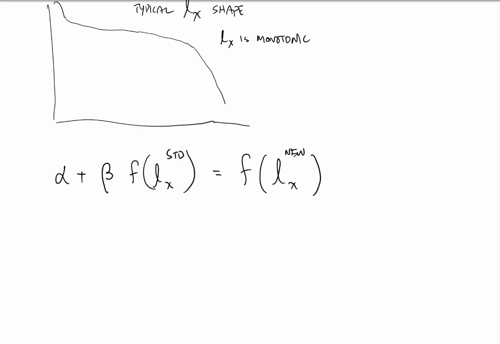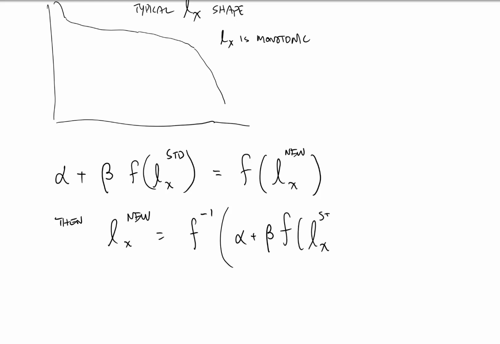And then he would untransform it. If this were true, then he would undo that transform, and so lx new would be the untransformed version of alpha plus beta times the transformed version of his standard.